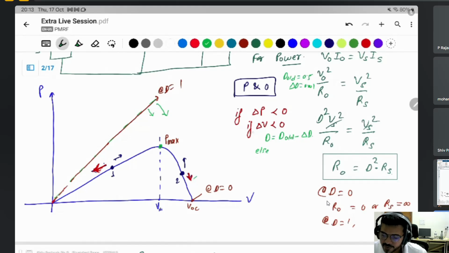If delta V is not less than 0, then it will be greater than 0. It means positive, voltage increases. Then d is equal to d old plus delta d. If the curve is going downside, then you have to go upward. Then simply add to the duty cycle, going upward.